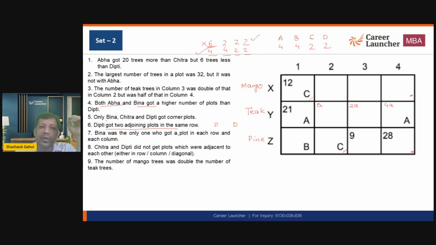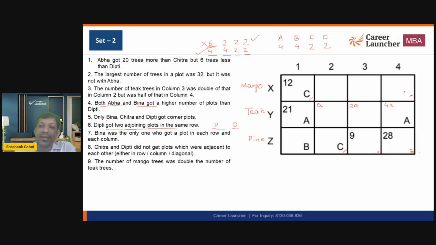Then Beena was the only one who got a plot in each row and each column. So whatever it is, each row, each column, Beena got. So I need to figure out a lot of things to get this done. Chitra and Deepti did not get plots that were adjacent to each other. So if I place this D and D over here, then Chitra's plot is going to be adjacent to Deepti's plot, and that's not possible.